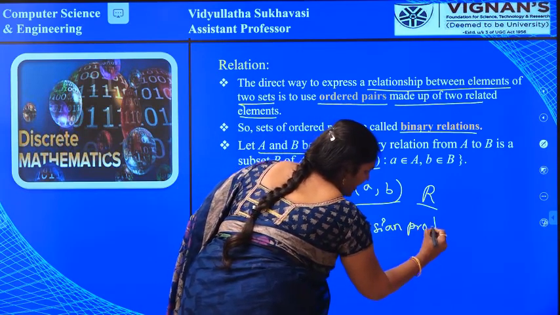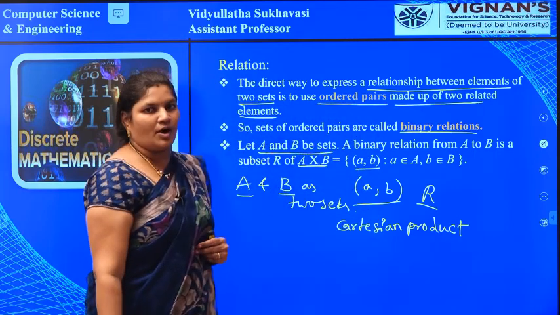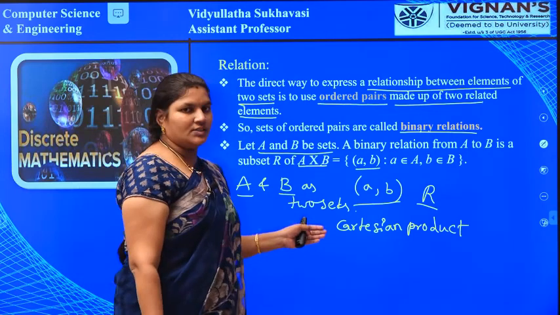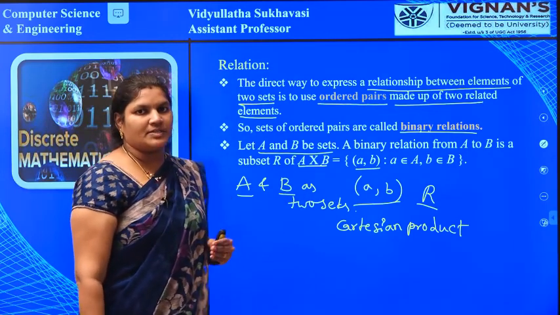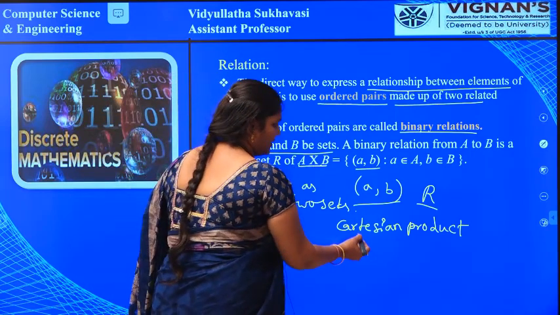We already know how to represent the Cartesian product in the concept of sets, and based on that concept we are going to represent the relation. A cross B is called the Cartesian product.